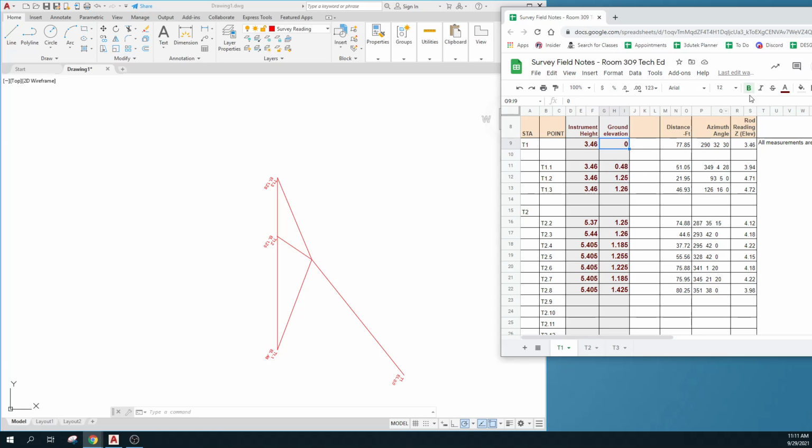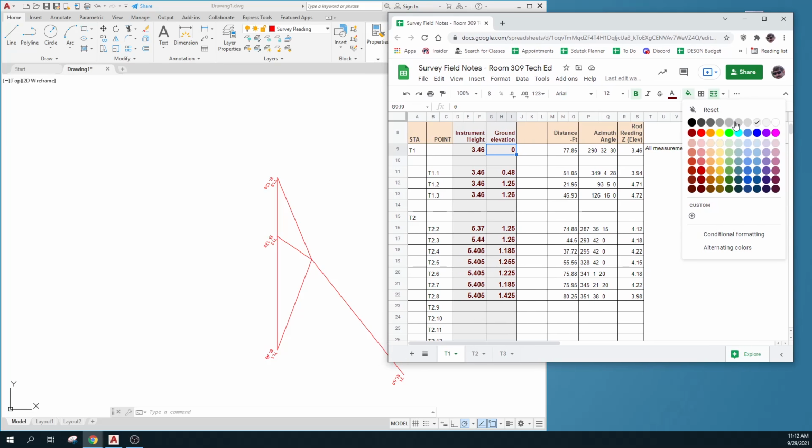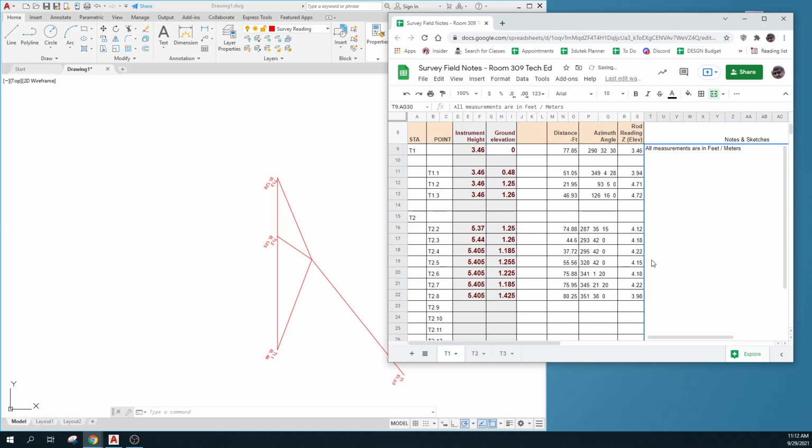Okay, so in this case, that one can be reset because that one's not a calculation. Okay, that was 0. But then I got my rod reading of 3.46 feet. So that meant that the instrument height for this set was 3.46.